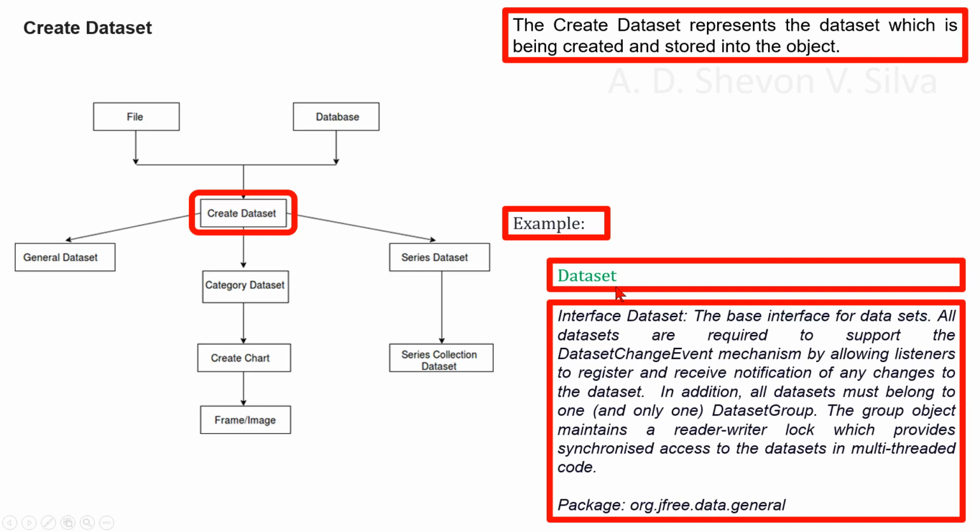All datasets are required to support the dataset change event mechanism by allowing listeners to register and receive notification of any changes to the dataset. In addition, all datasets must belong to one and only one dataset group. The group object maintains a reader-writer lock which provides synchronized access to the datasets in multi-threaded code. The interface Dataset is in package org.jfree.data.general.